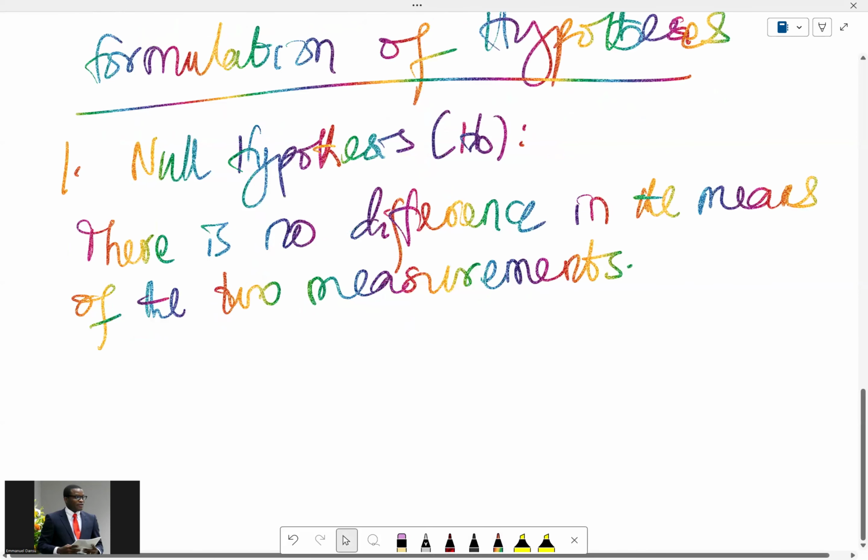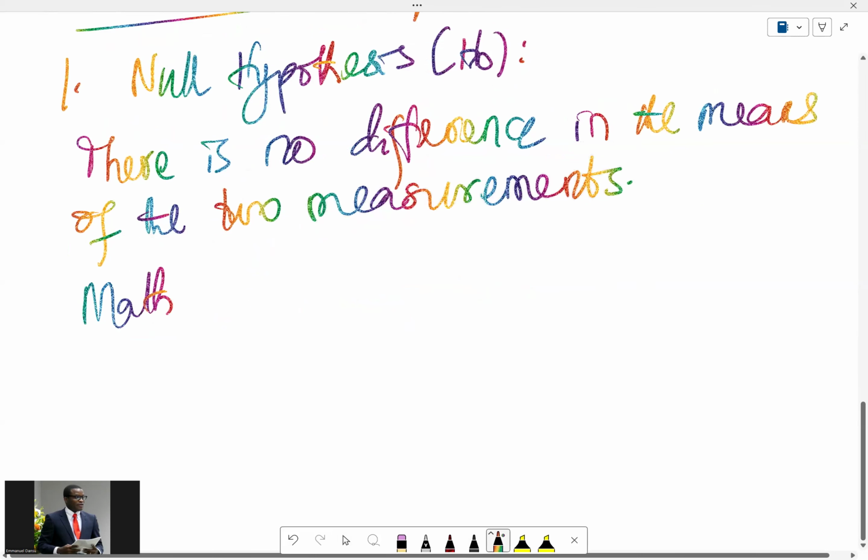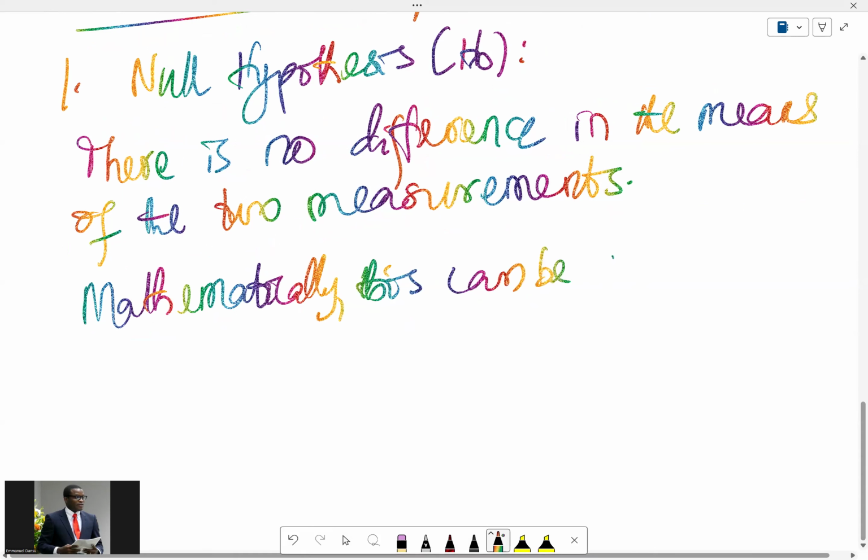Mathematically, this can be stated as H naught: mu d equals 0.